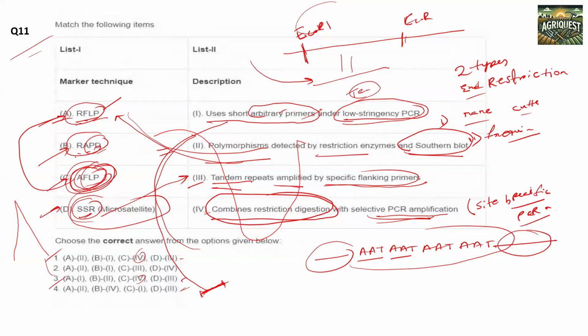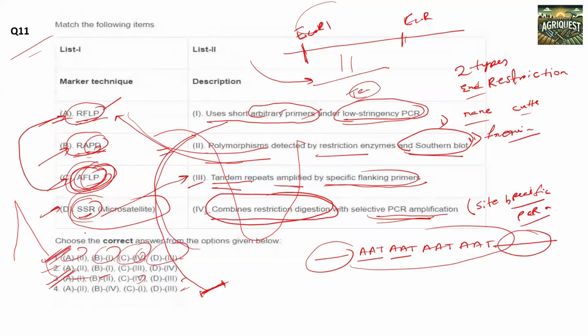B means RAPD. So the third option is correct. RFLP, A will be 2. B means RAPD, so B should be 1. This is the correct answer: A is equal to 2, B is equal to 1, C is equal to 4, D is equal to 3.